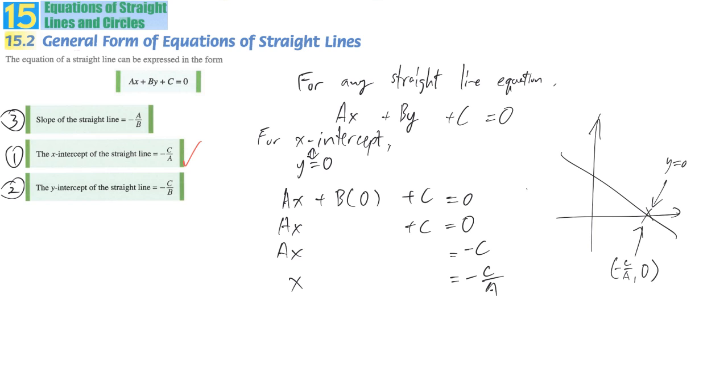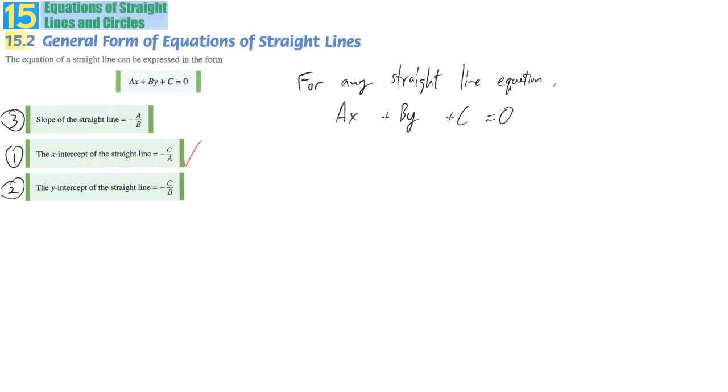We are going to prove another one. Again, for this equation, any straight line equation, if we consider the y-intercept, that means we are considering the situation where x equals 0.